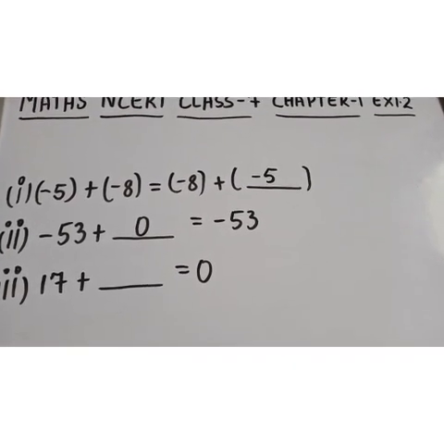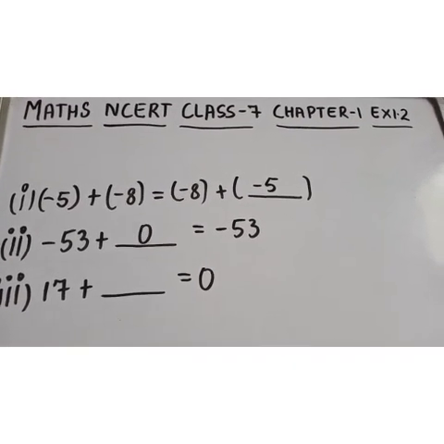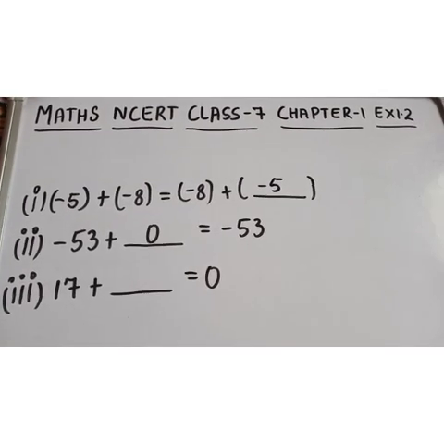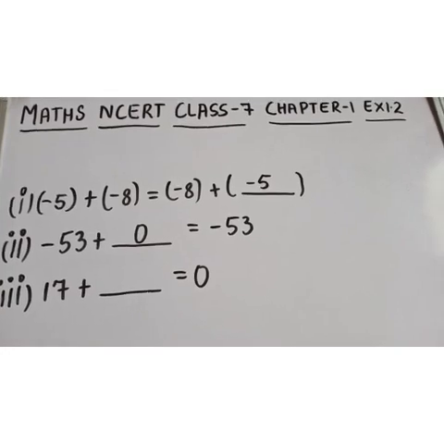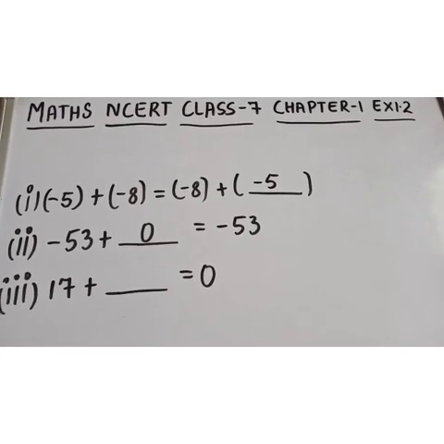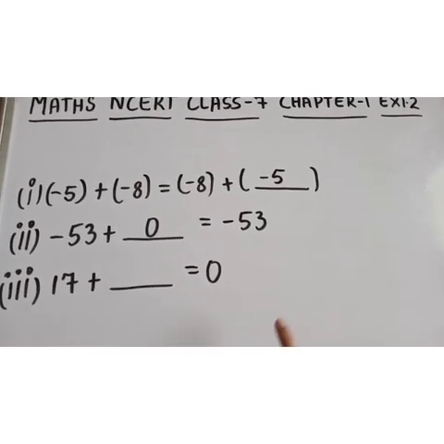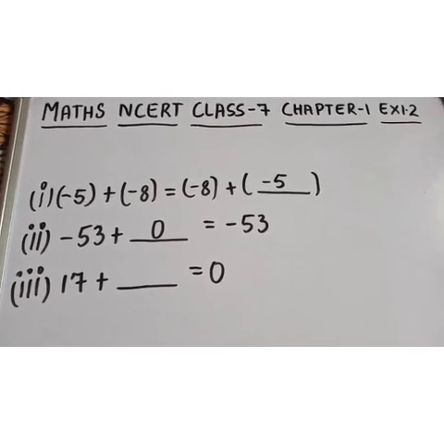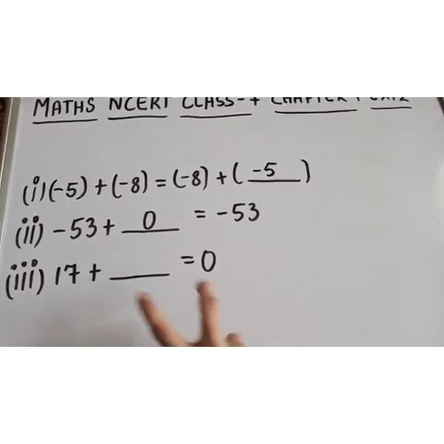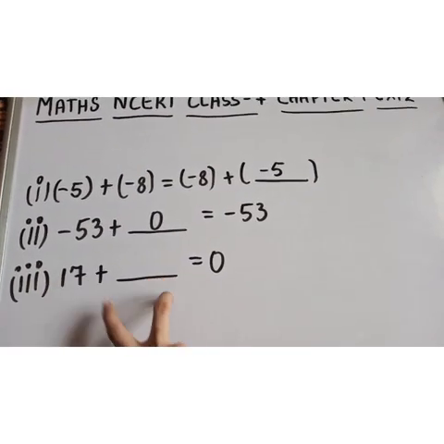In that C part they have told sum is 0. Any two integers whose sum is 0. So I have told you that if we add one positive and one negative number, the answer is 0. But both the numbers should be same.